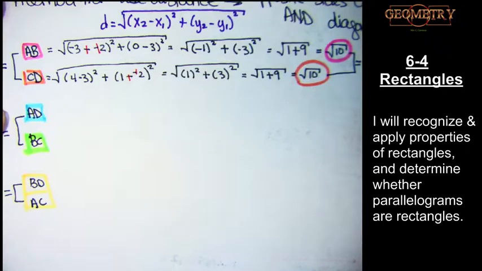Are they equal? Yes, those two sides are congruent. One down, two more sets to go.